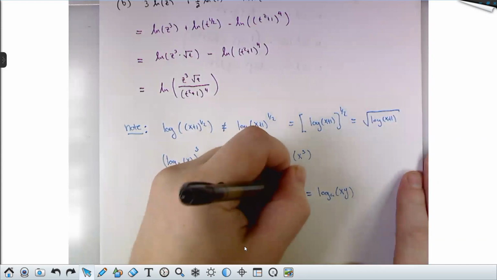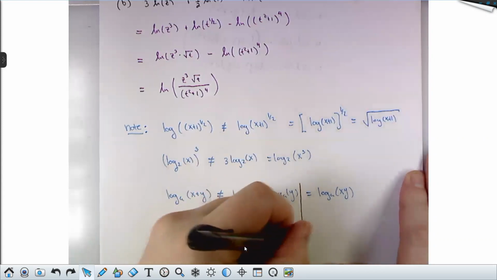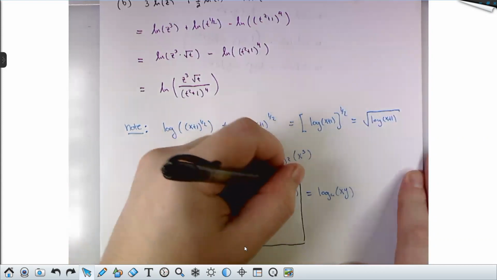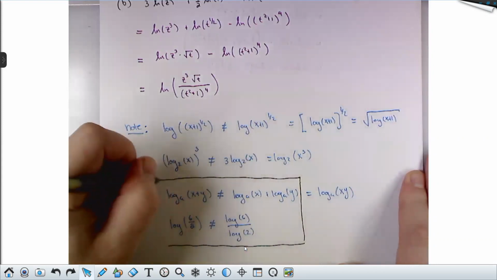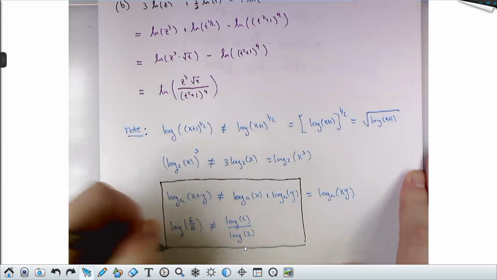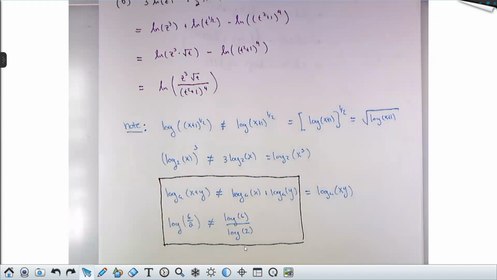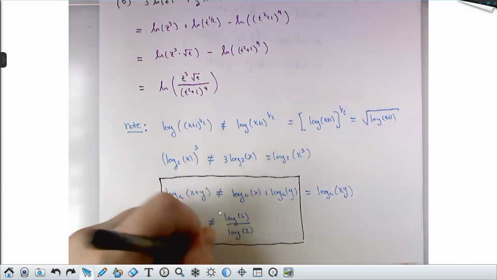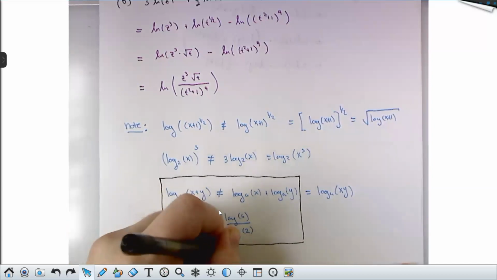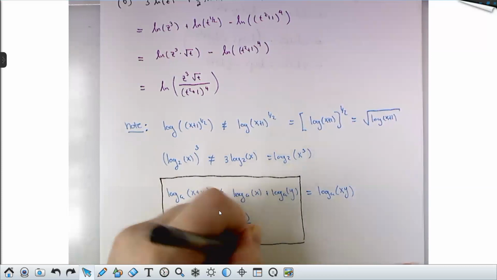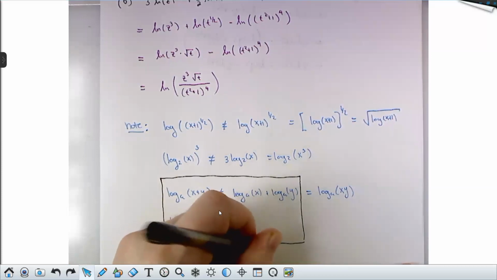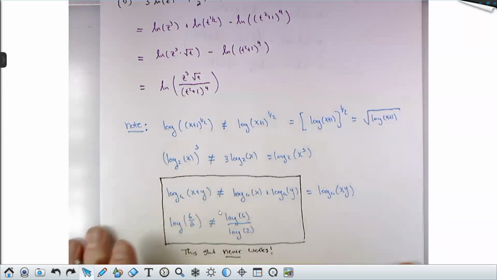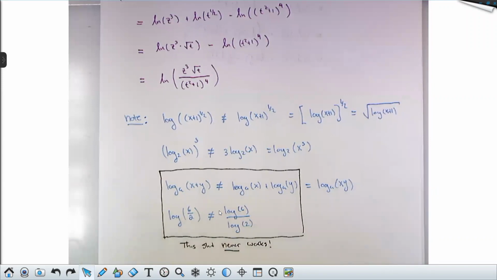I see these two a lot. Common mistakes. And I understand why we want to do that, right? It feels kind of like a natural thing to do just based on the notation. But this literally never works. So we need to be very careful.